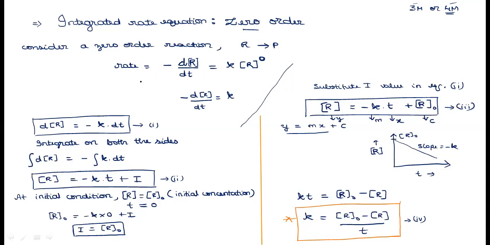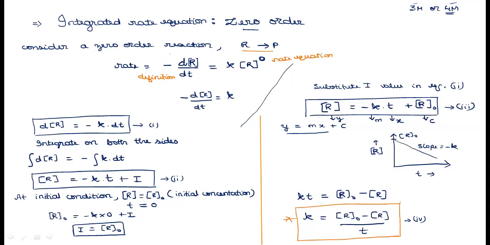Hence, try to remember the steps. The first step is that you assume a zero order reaction and take the definition of rate and the rate equation form. From the definition of rate, R is defined as minus dR by dt, as it is the change in concentration of reactant with respect to time.